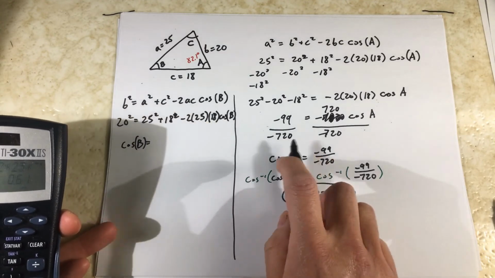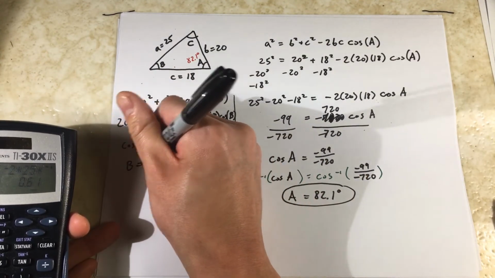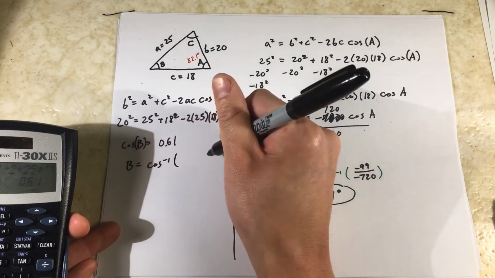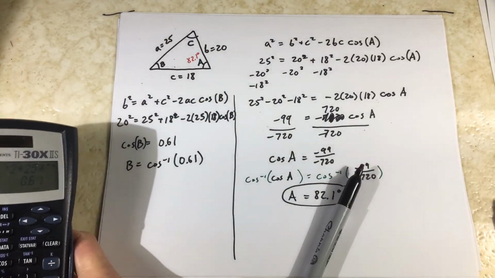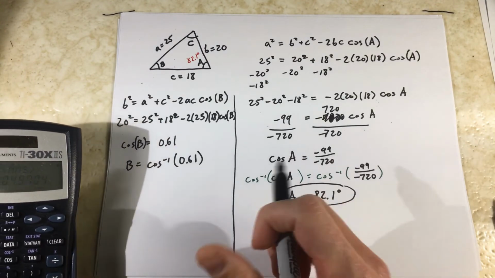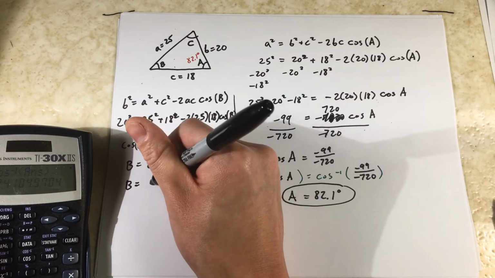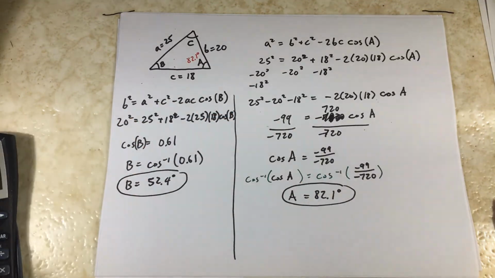One of the problems of not being in a classroom is that there's no one to give me confused looks to tell me that I shouldn't be skipping steps. So here we are. And for this, I get B is equal to 52.4 degrees.